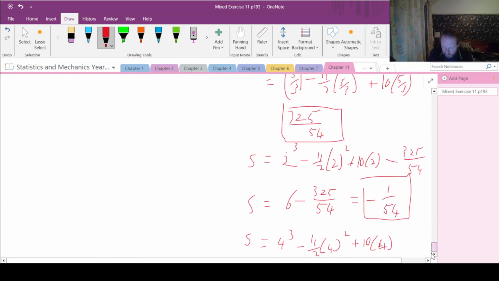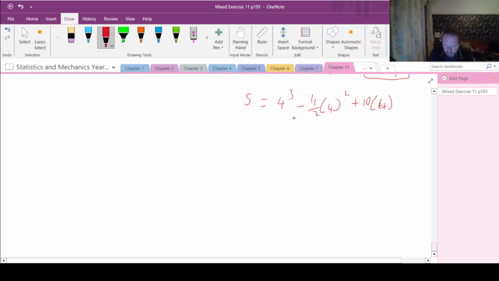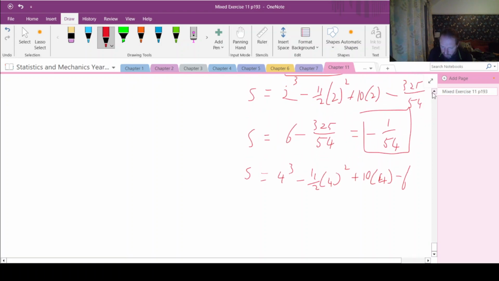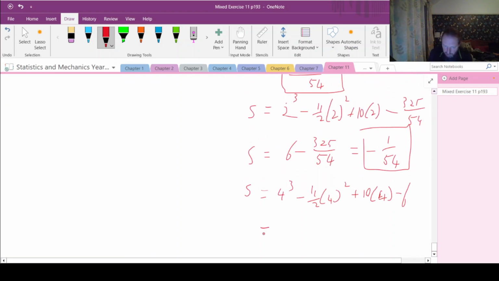Yes, it is. We need to minus the 6 because that's the value at 2 on the integration, so we get 16 minus 6, which should equal 10.